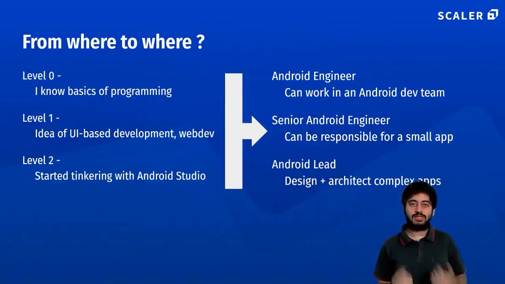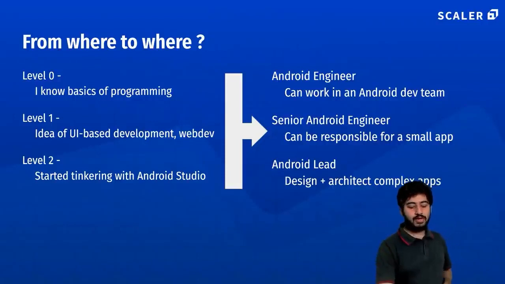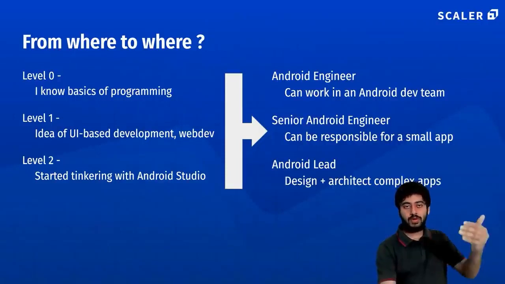They are the ones who are taking the decisions on whether you're building an app in MVVM or MVP, whether something's supposed to be reactive, or where the data needs to be cached locally or something like that. Those kind of decisions are getting taken by those people. So let's take a look at what are the requirements that you need to get to one of those places.